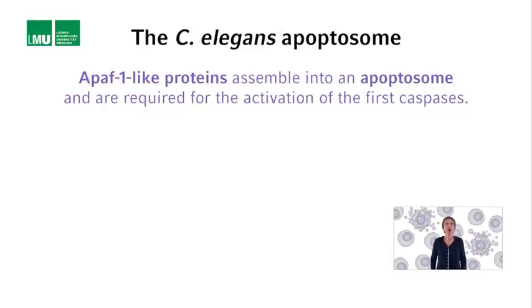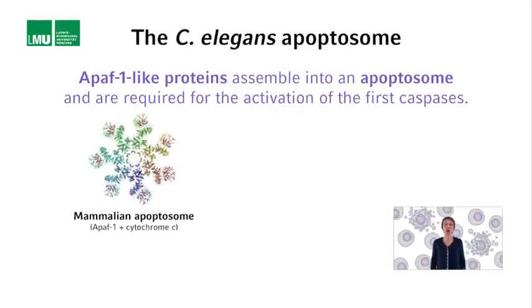APAF1-like proteins are required for the activation of the first caspases in both pathways. And in both pathways, these proteins assemble into an apoptosome, which is required for the activation of the caspases. In one of the last sections, I told you about the structure of the mammalian apoptosome, as determined by cryo-electron microscopy of single apoptosome particles at a resolution of 12.8 angstrom.